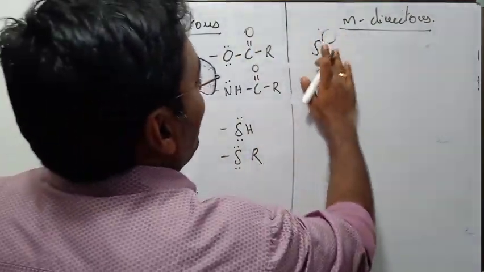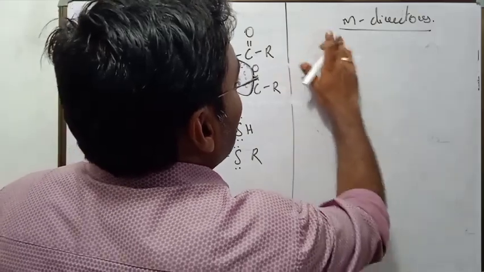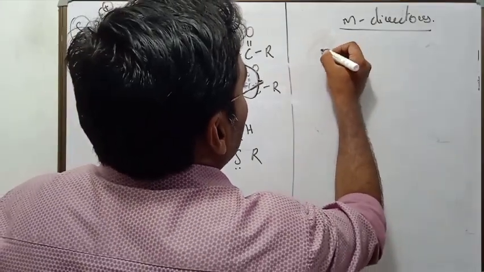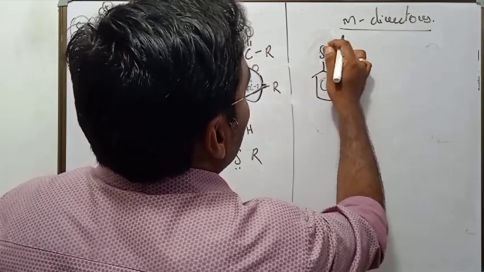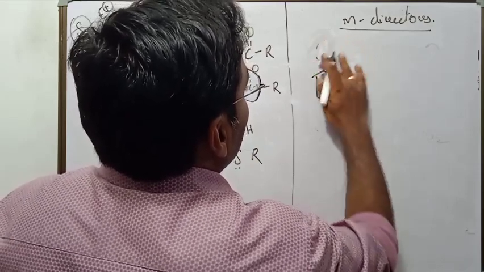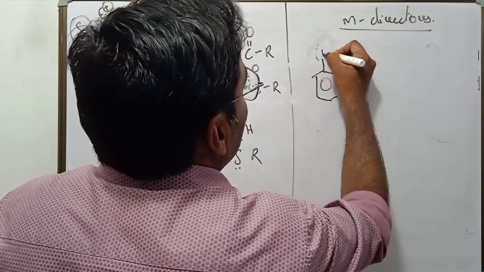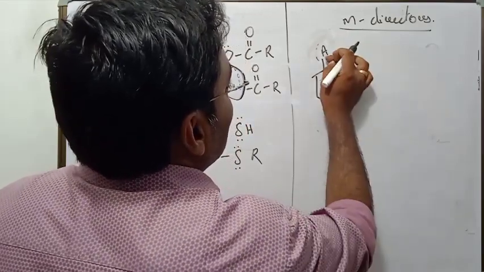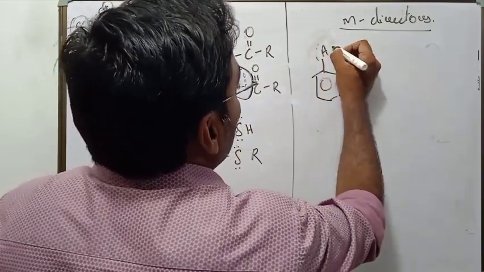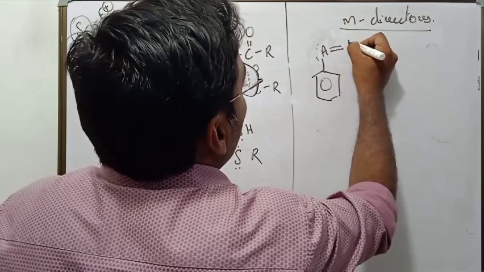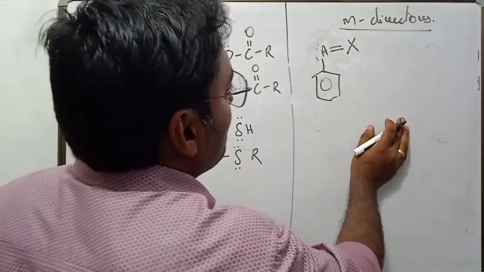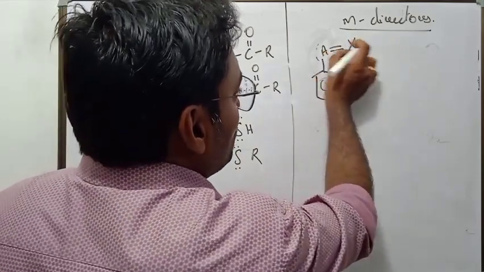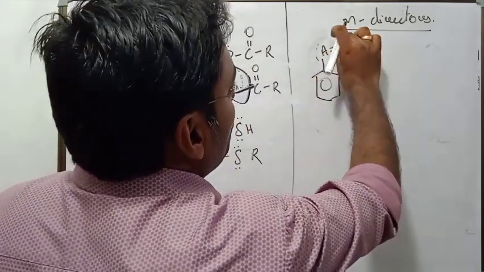Or, the key atom, the atom that is linked directly to the benzene ring. Let me take the key atom as A. This is the key atom. The key atom should be linked to an electronegative atom through multiple bonds.